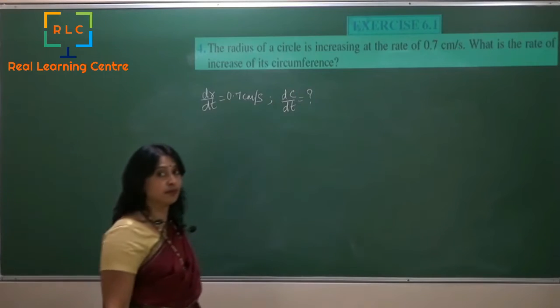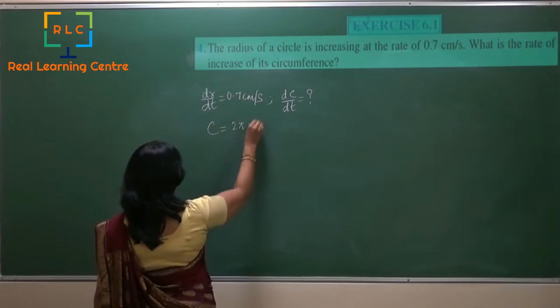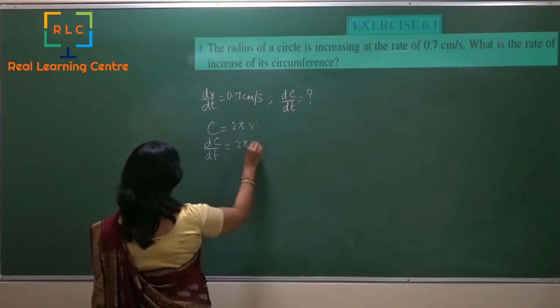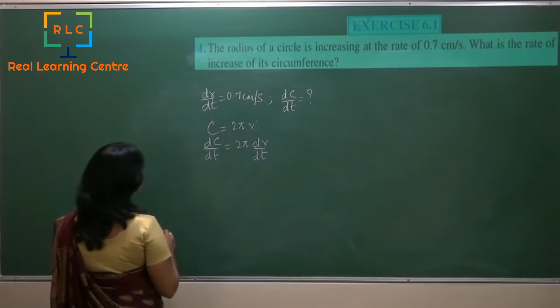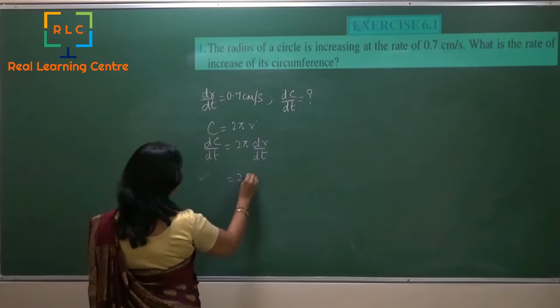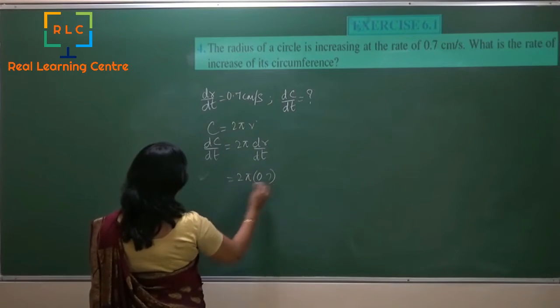This is very simple. There is nothing much. The circumference formula I'll put as 2 pi r. dc by dt is equal to 2 pi into dr by dt. 2 pi into dr by dt alone I want, and you already have it as 0.7.